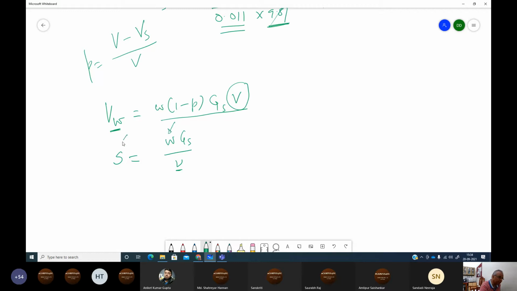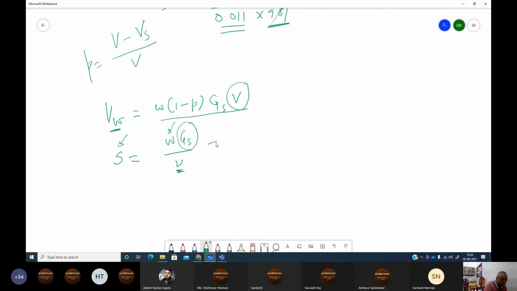I told you degree of saturation is volume dependent, and moisture content is weight dependent. So there is a relationship, and that's why this Gs is sitting here, and this is the void ratio. So this is also a very, very important relationship, that saturation level is related to this.